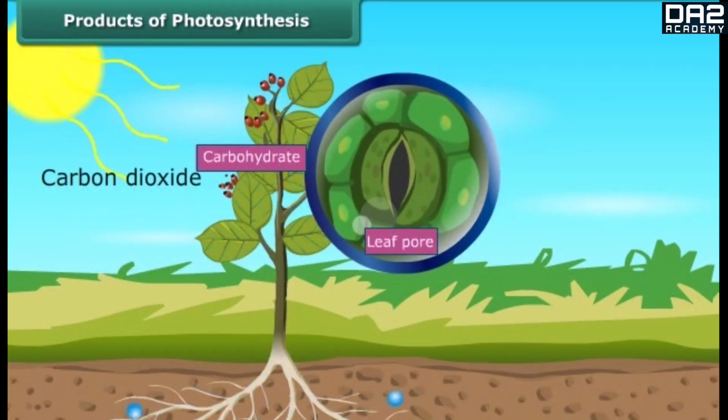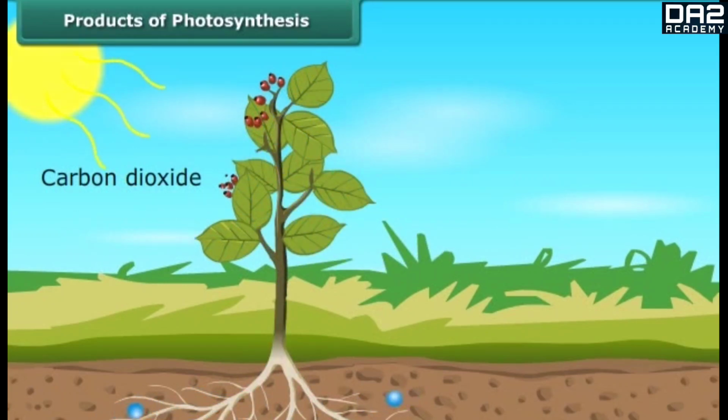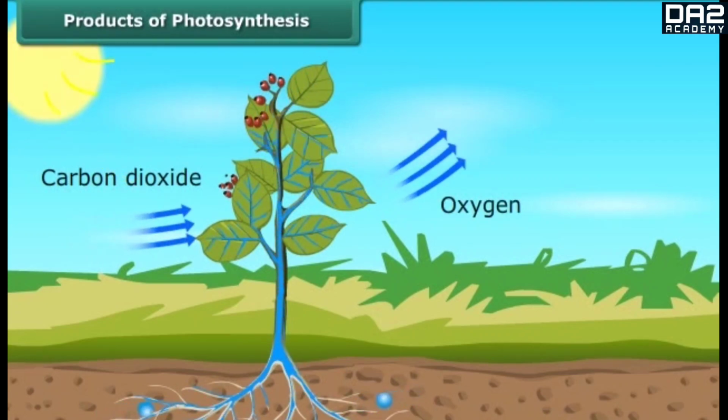The carbohydrate is ultimately converted into starch, which gets stored in different parts of the plants. Therefore, the first food product formed during photosynthesis is starch. Starch is also an example of carbohydrate. In this process, oxygen is also released.